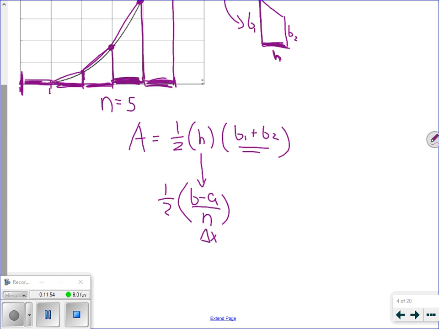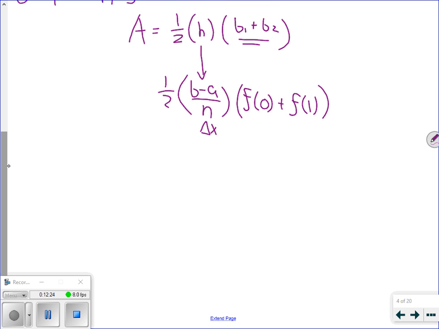If I start off with this base and this base on the far left trapezoid, let's say that I start off at 0, I go 0, 1, 2, 3, 4, 5, okay? Well, the first trapezoid is going to be f of 0 for the first base plus f of 1 for the second base. So that's going to be the area of the first trapezoid.